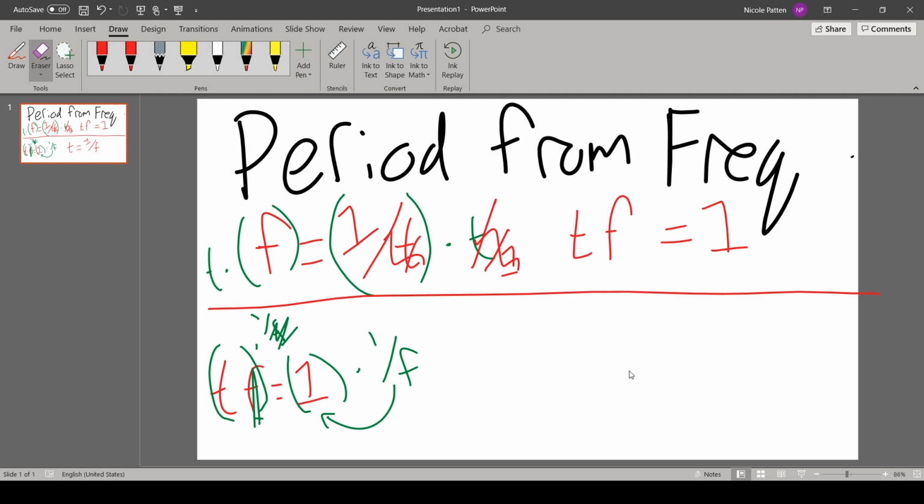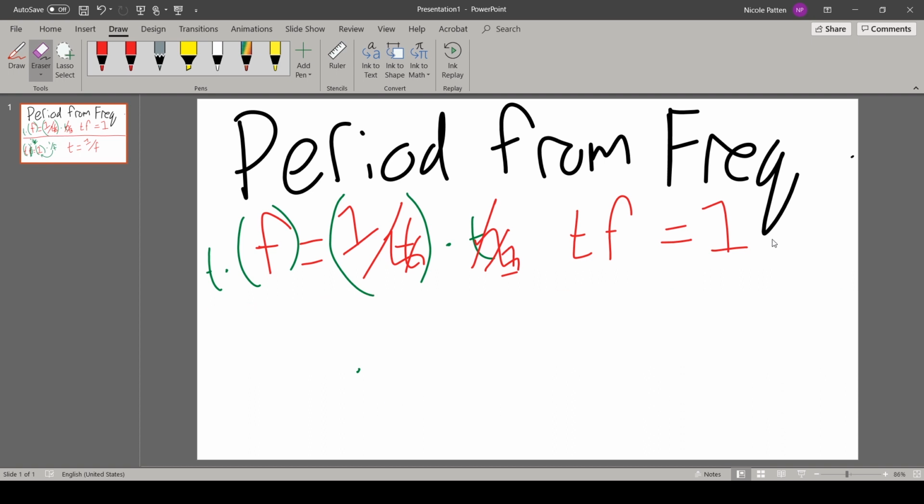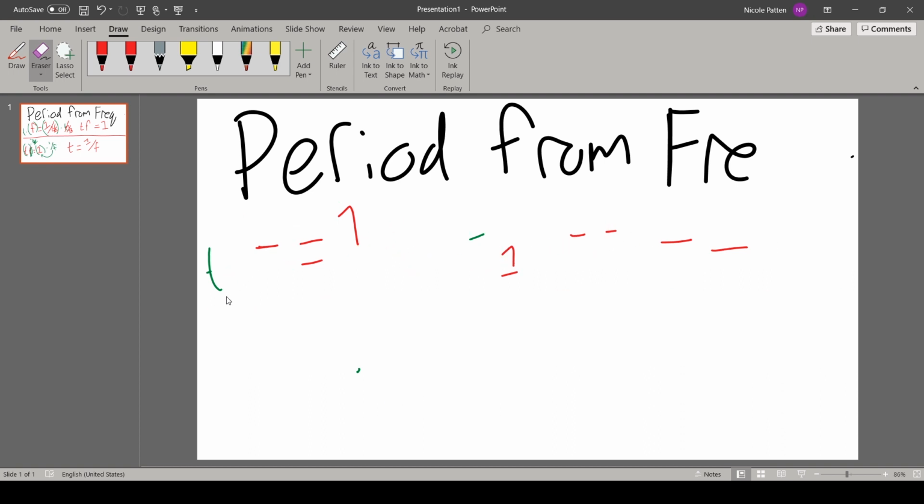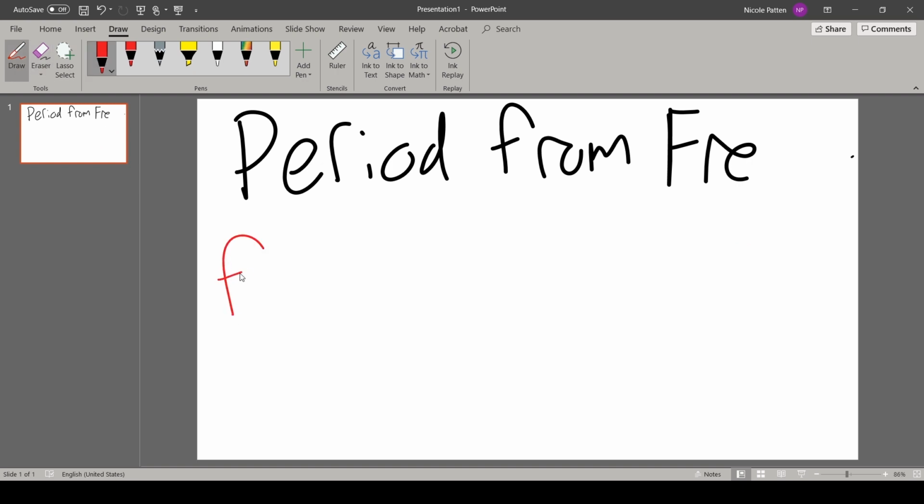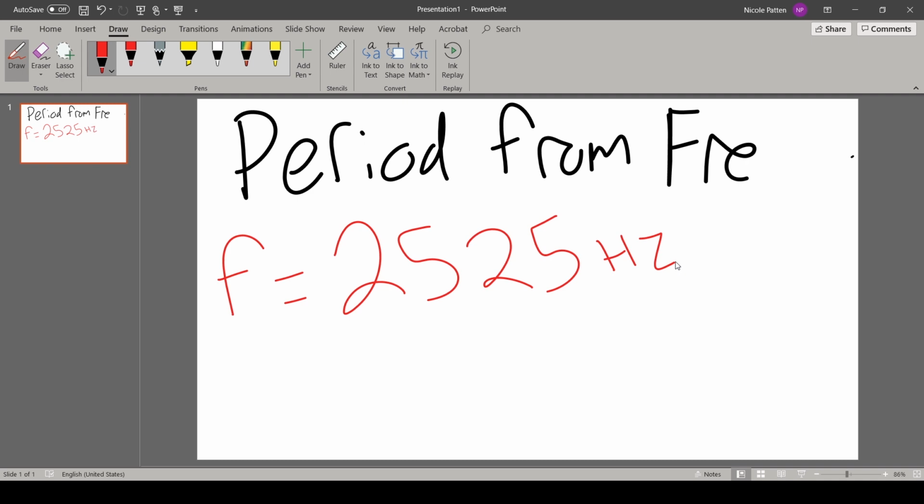Okay, so let's get rid of everything. And I've deleted part of my Q. That's okay. We know what it says. All right. So the frequency equals 25 hertz.